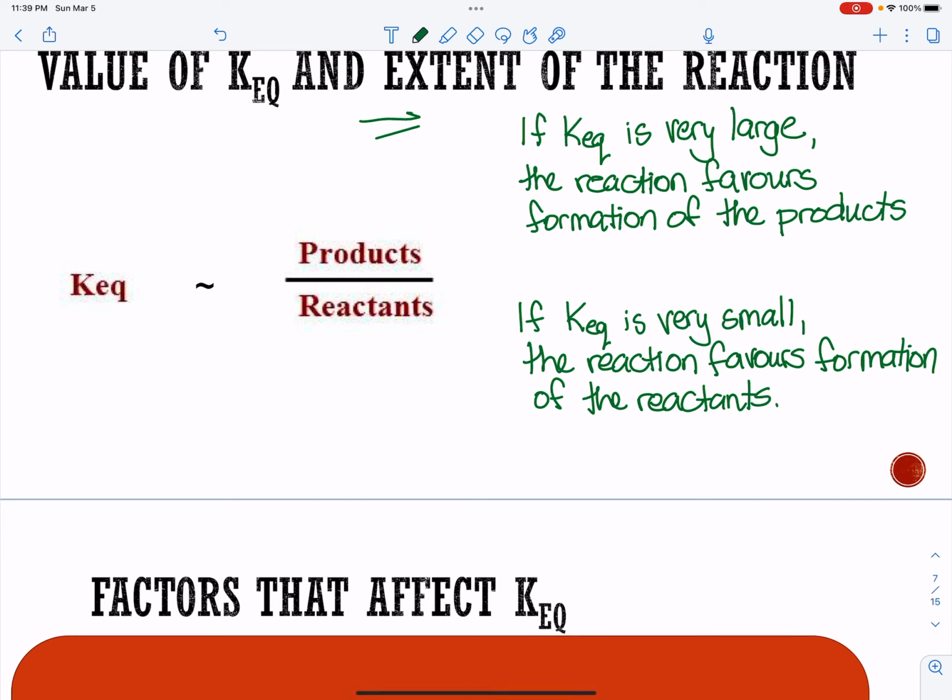And then finally, there's only one other scenario, but if KEQ is equal to 1, that means that the concentrations of the reactants and the products are about equal. And that's very rare to get a KEQ of 1.